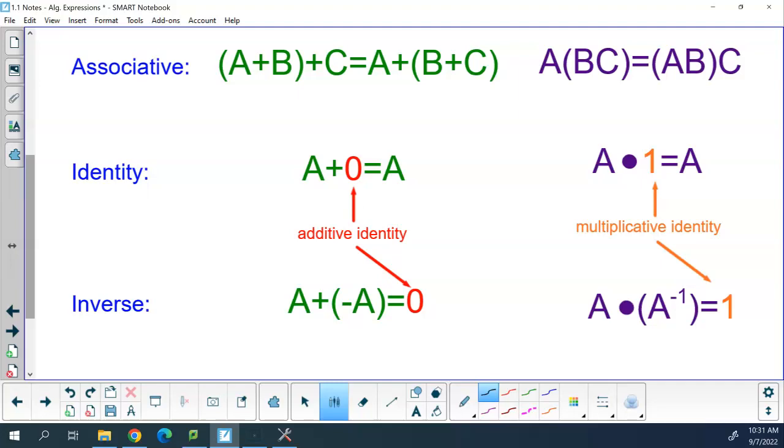Which basically means 2 minus 2 is 0. 2 divided by 2 is 1. Or 2 times 1 half is 1. Again, I don't expect you to know these blue names over here on the side. I do, however, expect you to understand those usages.